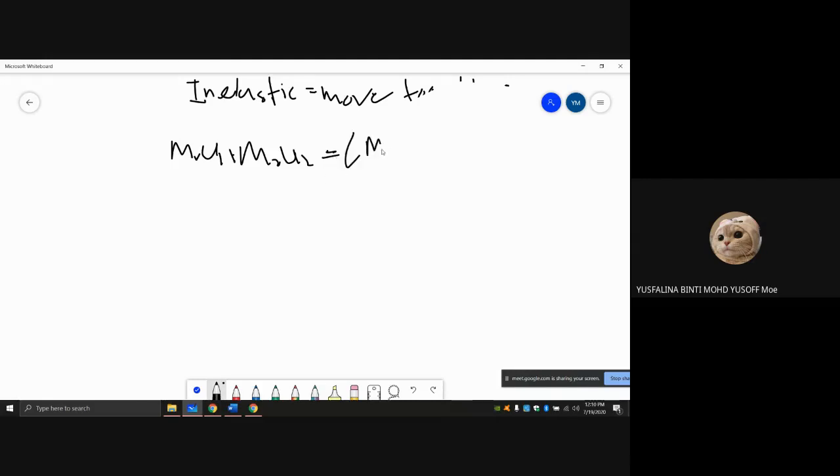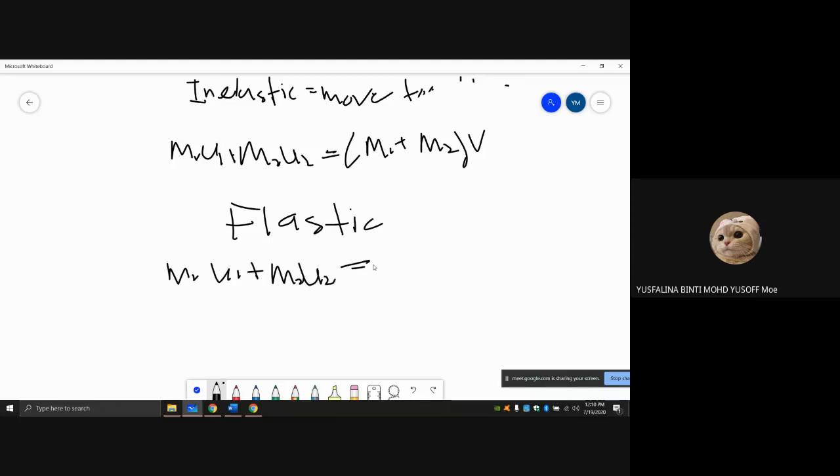This is the formula because they move together. For elastic, they move separately, so the formula is M1 U1 plus M2 U2 equals M1 V1 plus M2 V2. So this is the formula for elastic.